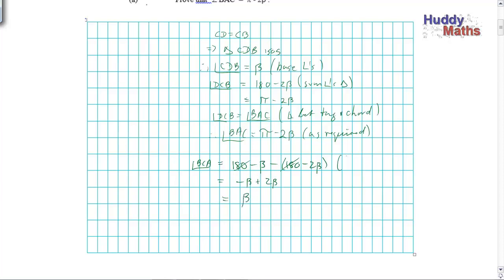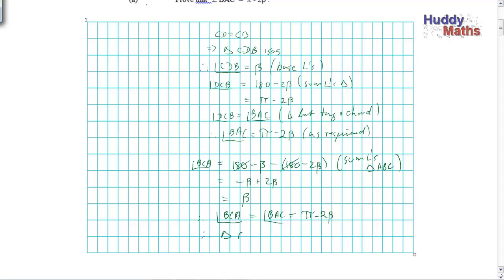Now this one is the sum of angles of the triangle ABC. Therefore angle BCA equals angle BAC, which equals pi take 2 beta from the first part.